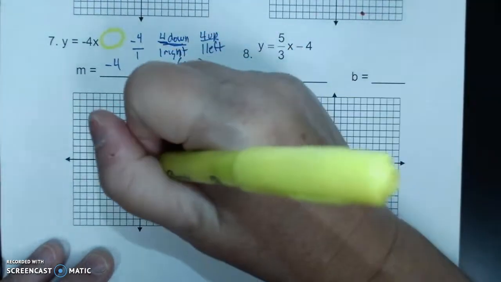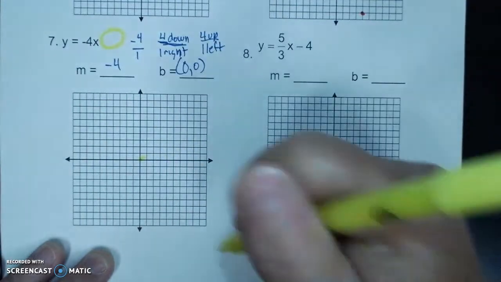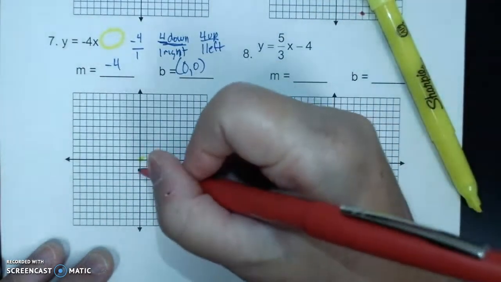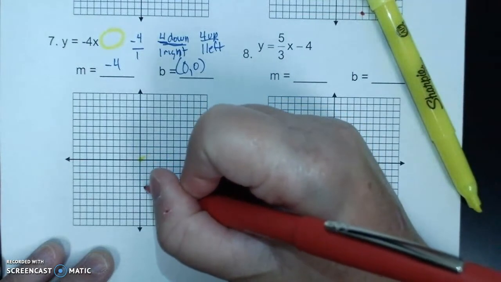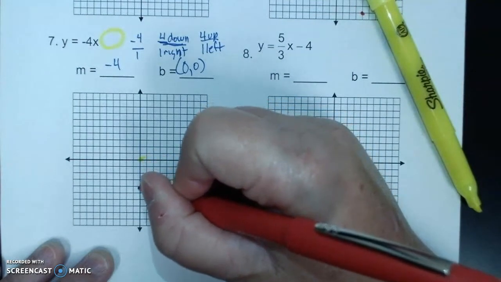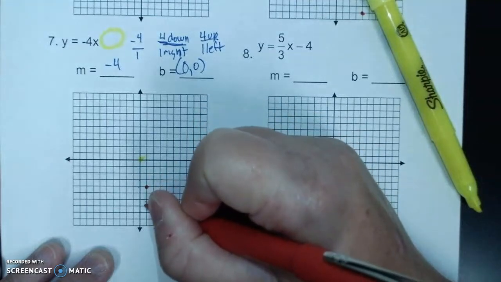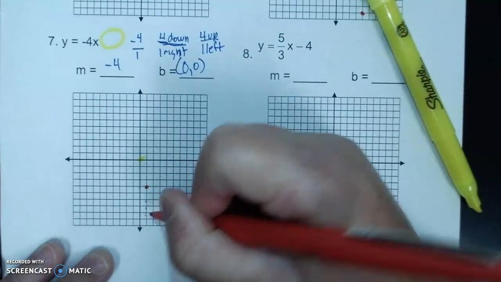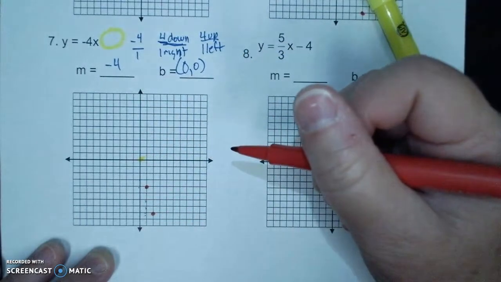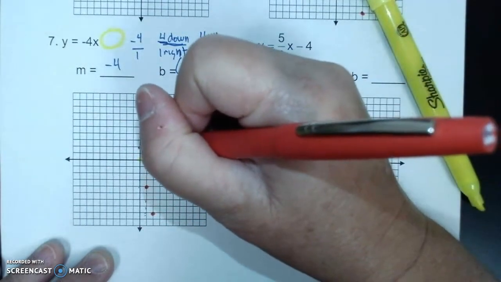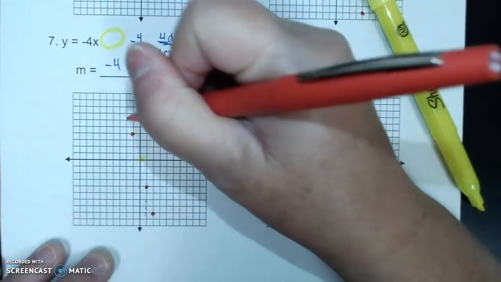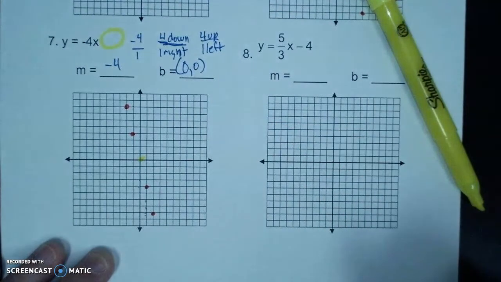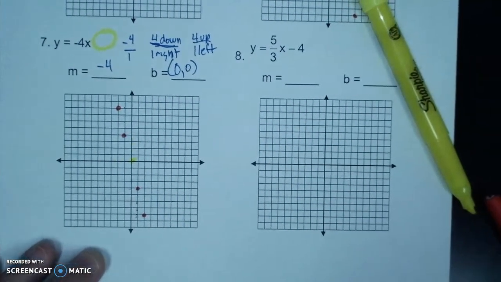This starts at the origin. It then travels 4 down and 1 right. Then I go back to my origin and take care of the other direction and go 4 up, 1 left.